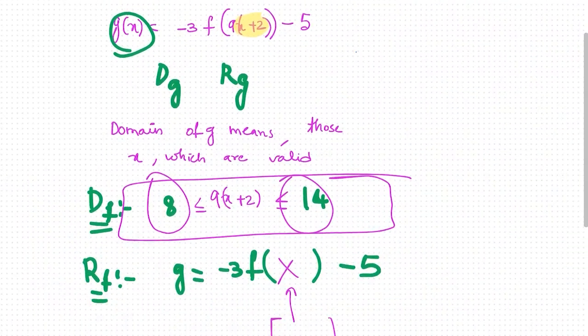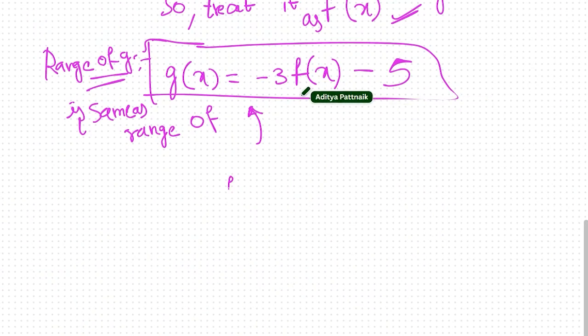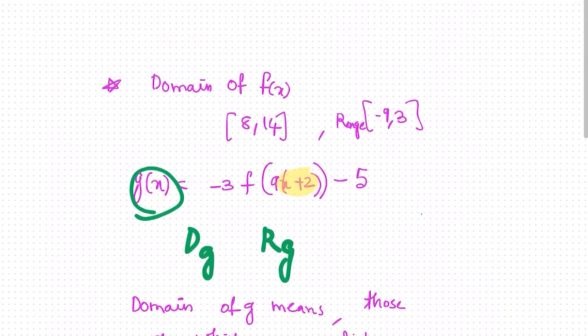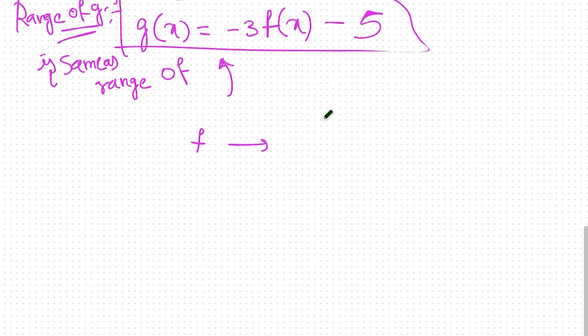Well, not quite, but let us try to understand. The range of f is given as what? Look at the question. The output values of f of x vary from which to which? 8 to 14. See, that is the x value, the domain. I'm talking about the range, the output values.